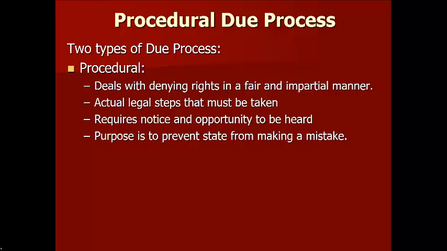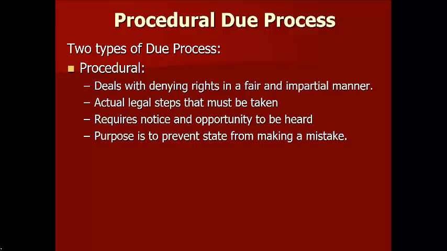Okay. So again, the right here that we're talking about is your property right as tenure status or under contract, or the expectation that you're going to have a job until you decide not to, or your liberty right, and that would be to maintain a good name and good character.